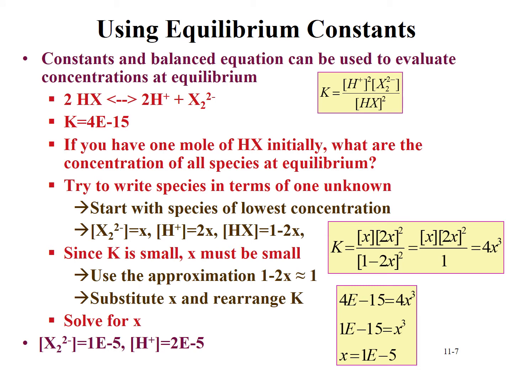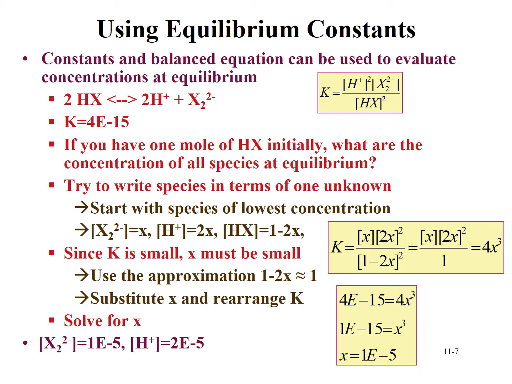Okay, so once we have a reaction, we can use this information to develop a complexation constant and either measure the complexation constant, or if the complexation constant is known, calculate equilibrium conditions. So let's go back to a very simple system where we have this reaction 2HX going to 2 protons plus a dimer of X minus 2.